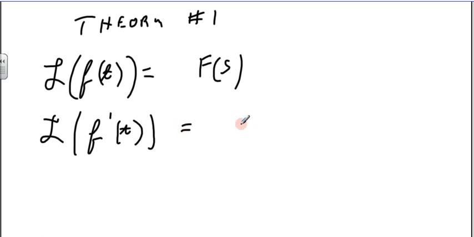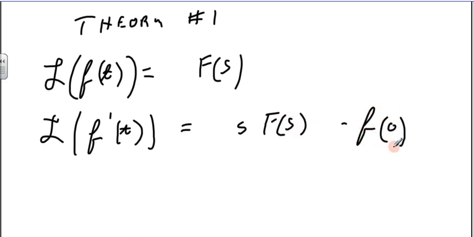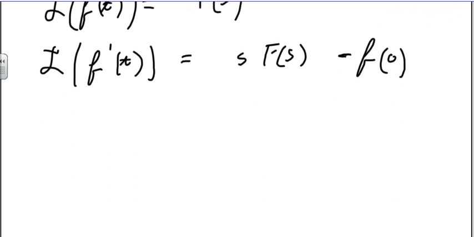And by theorem 1, we come up with s F of s minus f of 0. Which means, translated into English, whenever we're doing Laplace transforms, we need initial conditions at 0. If I don't, I'm not going to be able to do what I'm going to do.